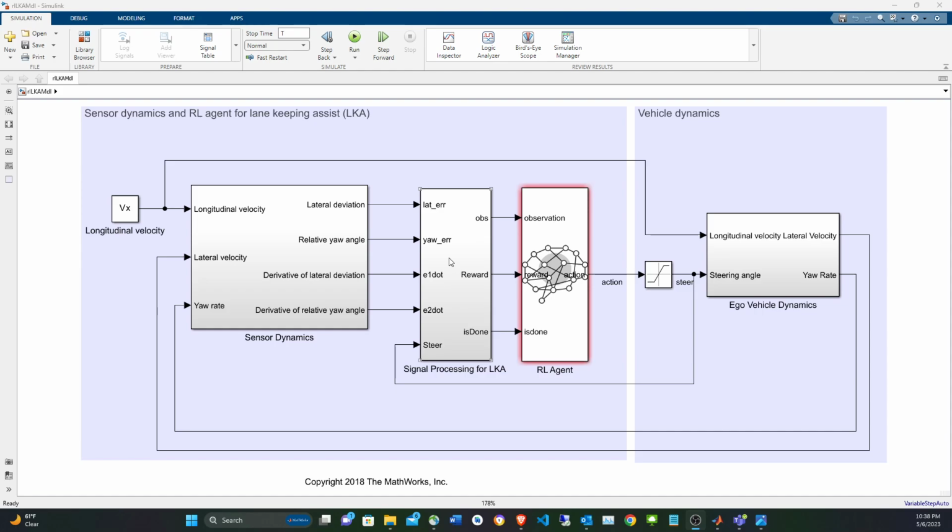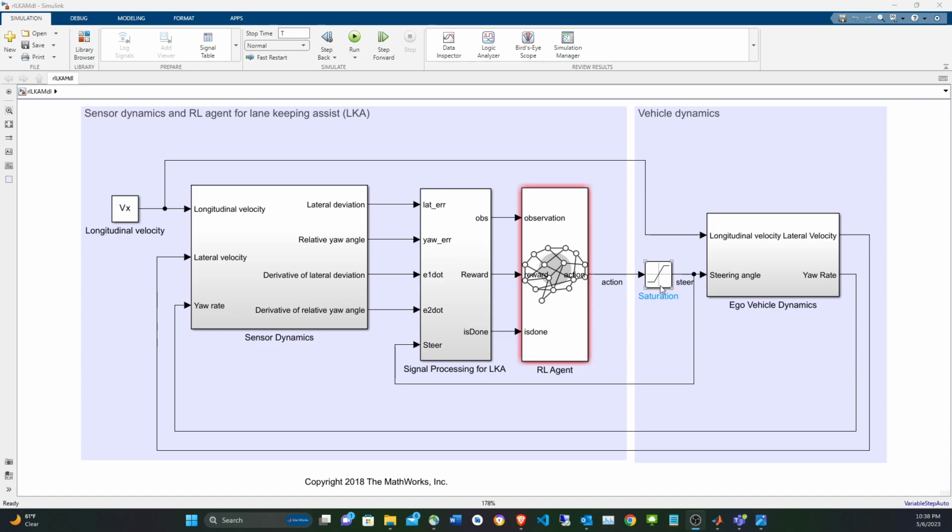Okay, but first, before going there, the observation is going to be used to check if you're outside of the lane, and then the simulation is done. With the observation you compute the reward, and you also pass the observation to the agent, because the agent is going to take an action based on the observation and the reward.